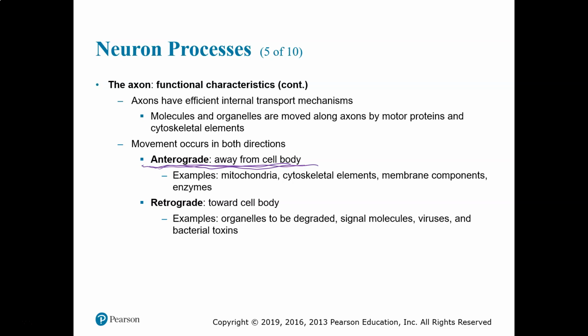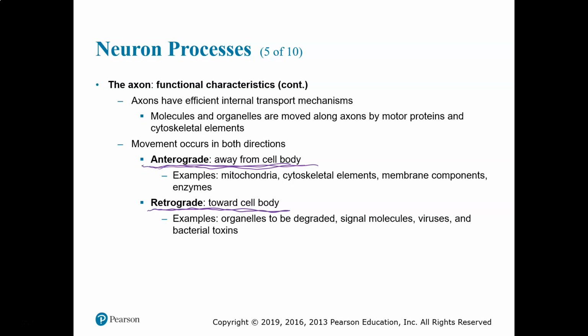And retrograde is movement toward the cell body. And what we're talking about here are the organelles within the axons. If the organelles within the axons are moving away from the cell body further down the axon, that movement is called anterograde. And when those organelles are moving toward the cell body within the axon, then we call that retrograde movement.